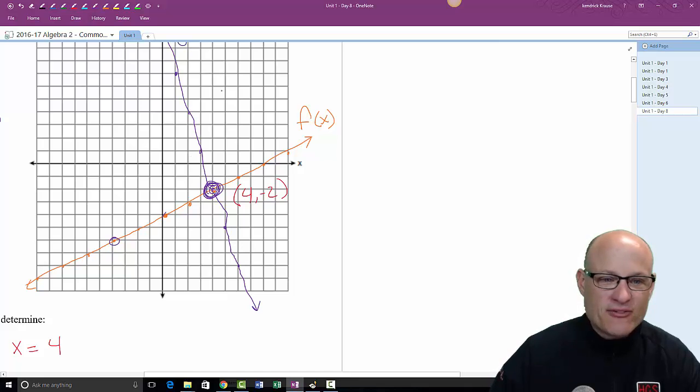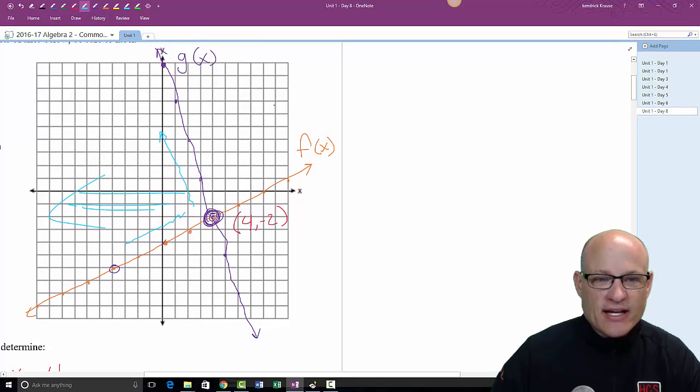So if I travel to the left this way, isn't the purple line above the orange line? Or in other words, isn't g of x above f of x over here?